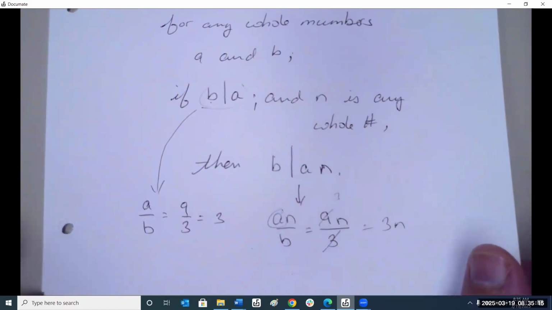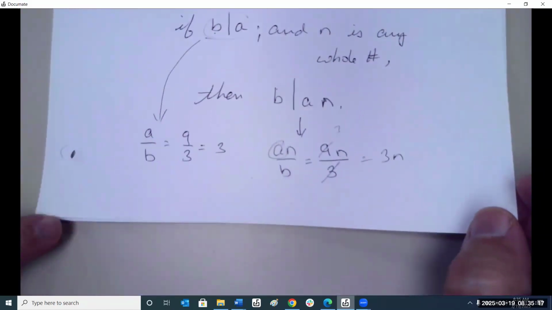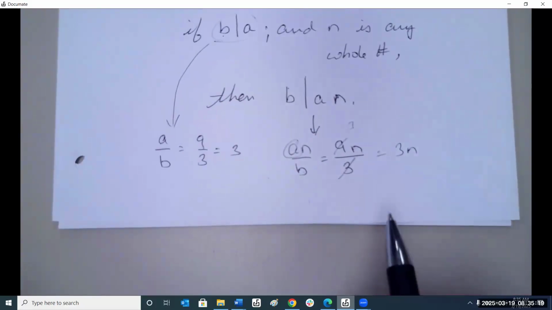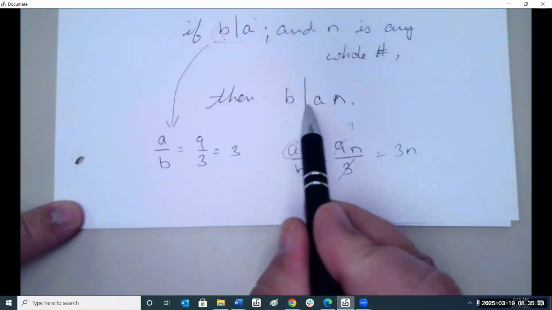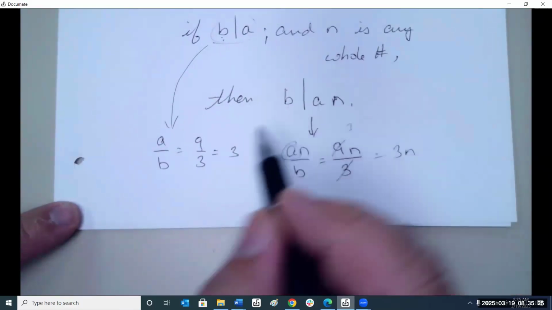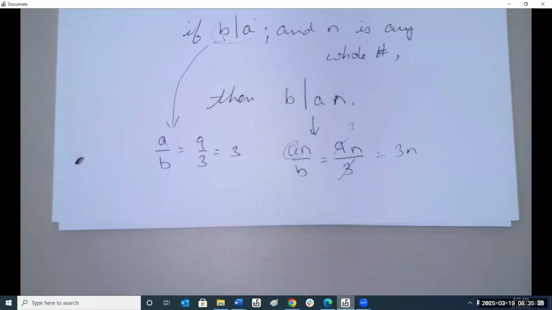So if B divides A, then B divides A times any whole number.